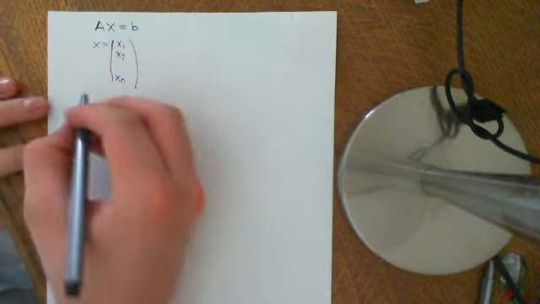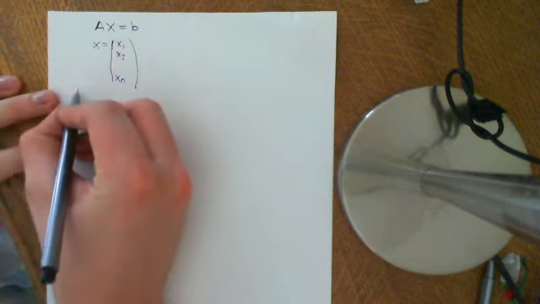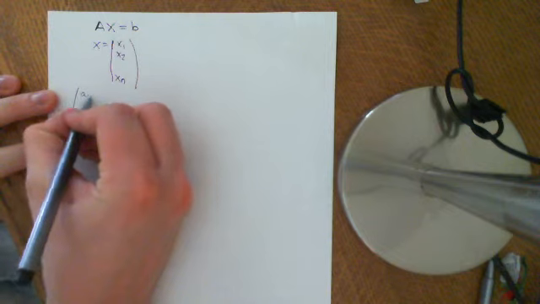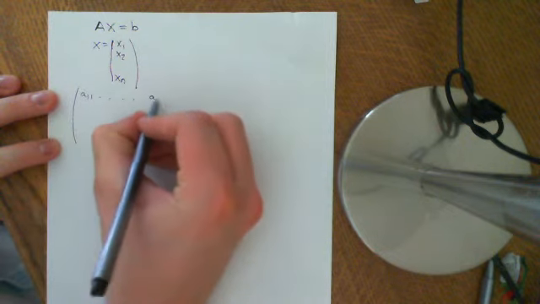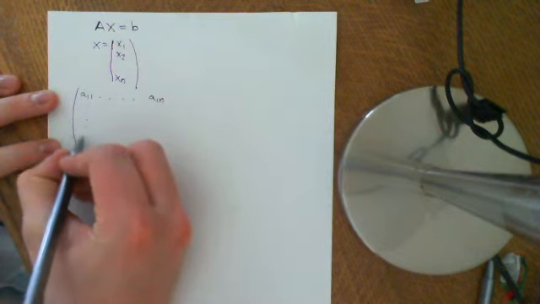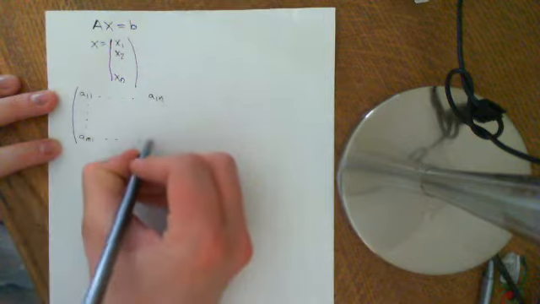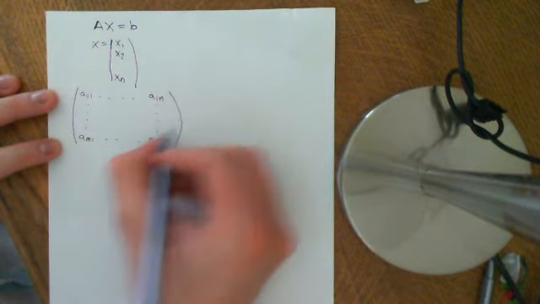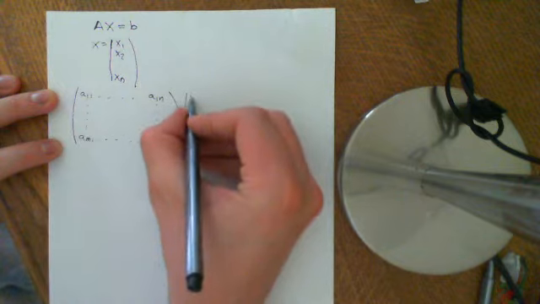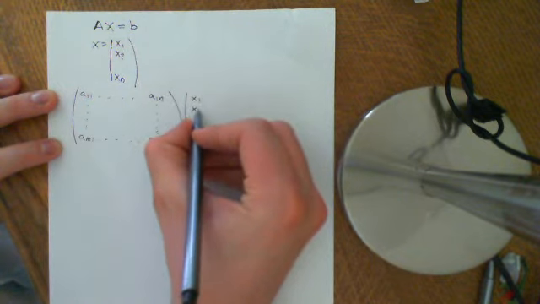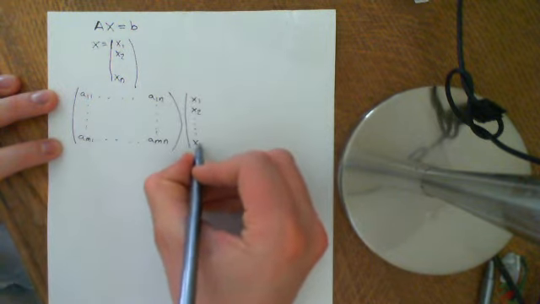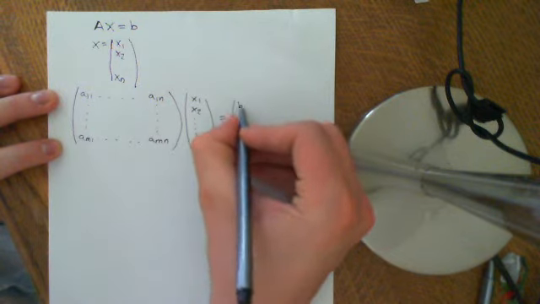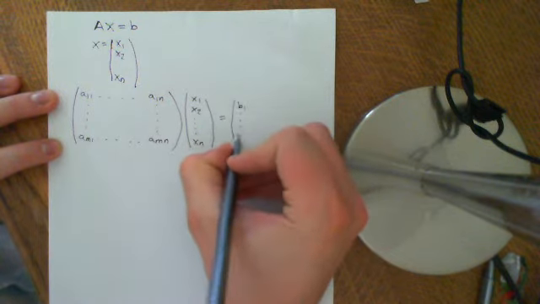So, one way of viewing what we're doing is to redraw this matrix A: it is a11 all the way along to a1n, and then all the way down to am1, which goes all the way along to amn. We have this matrix multiplied by some vector x1, x2, all the way down to xn, and it needs to be equal to this vector b1 all the way down to bm.